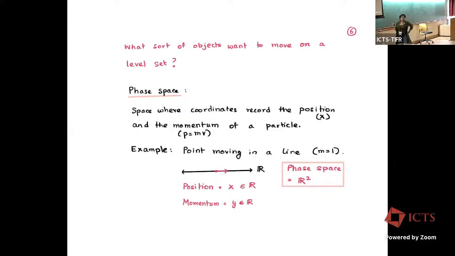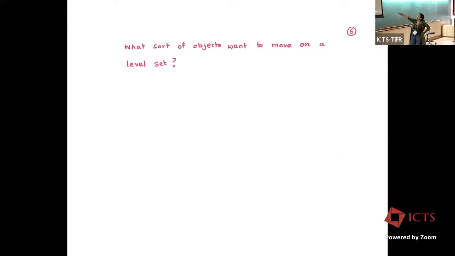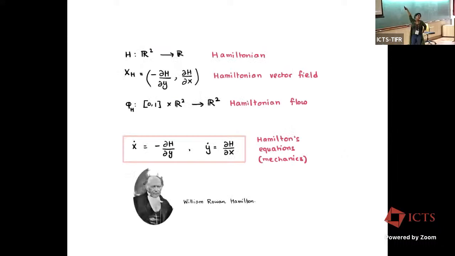So h is the energy function on this phase space. Instead of R2 being where the mountain was, if you think of it as the phase space of a point moving on R, then h we can think of as total energy, and a point wants to preserve it while moving.